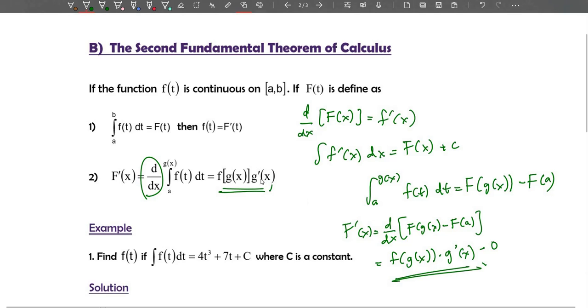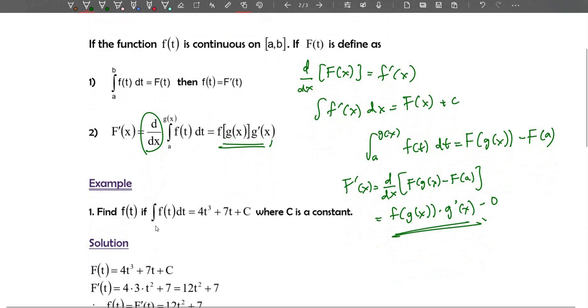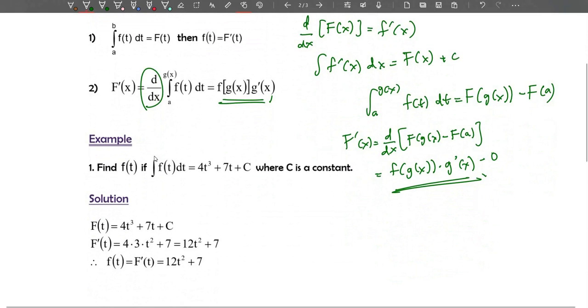So let's look at a few examples. The first one, let's say we have this integral and you need to find f(t). That means this is actually the capital F(t), the one that we have integrated. If we differentiate the answer, we will have f(t) here.